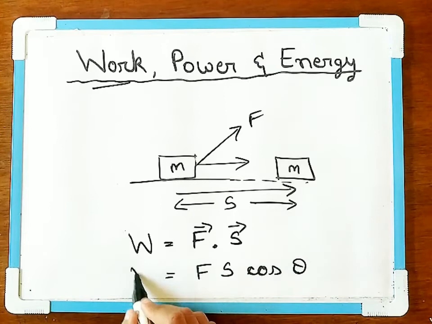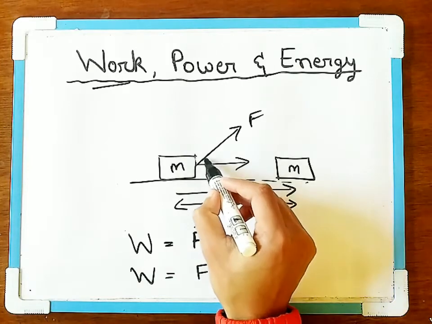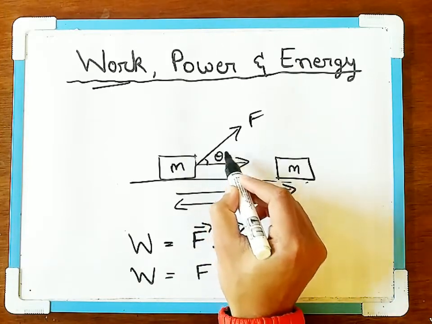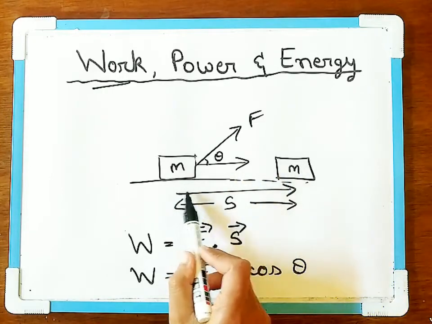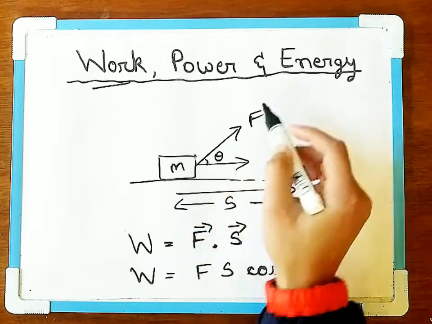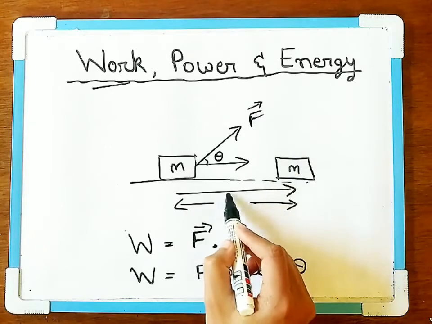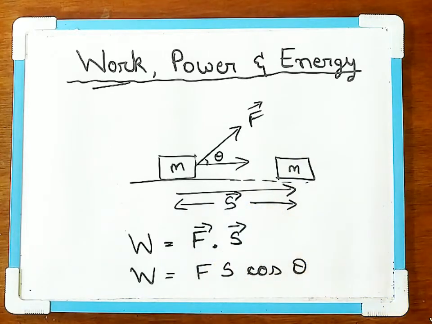So this is the general formula for calculating the work done, and this theta is the angle between the force and the displacement. Remember, this is the displacement S and this is the force. So here F vector, S vector. So the work done is Fs cos theta.